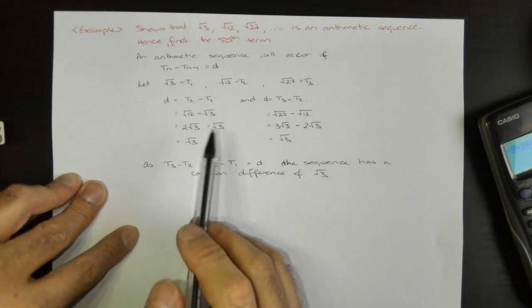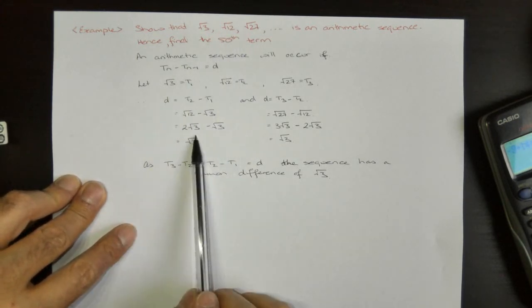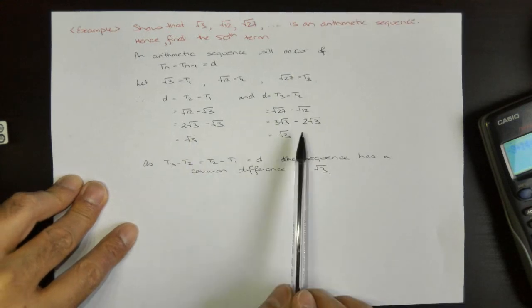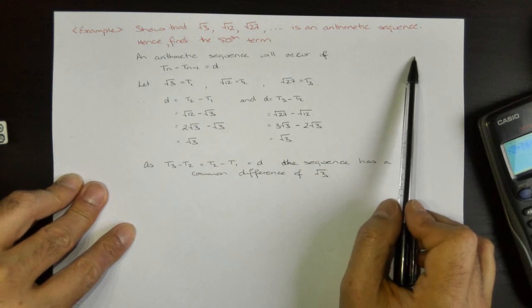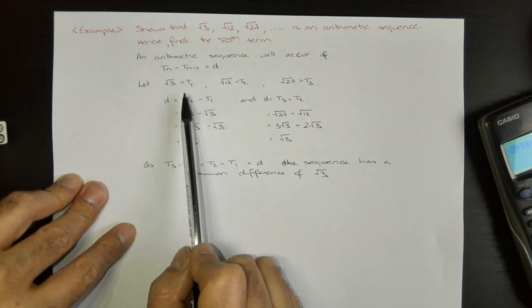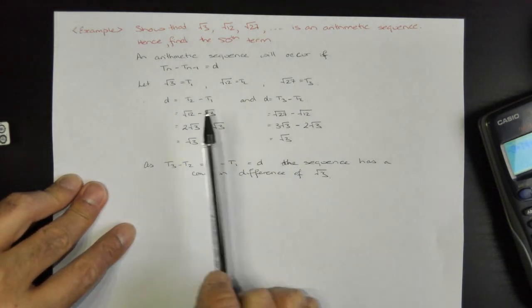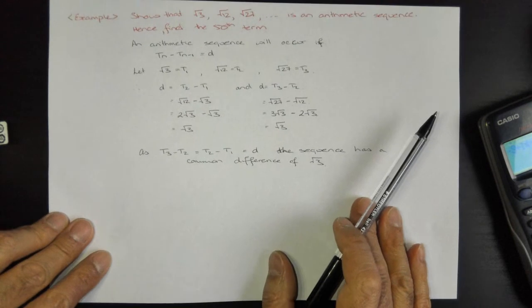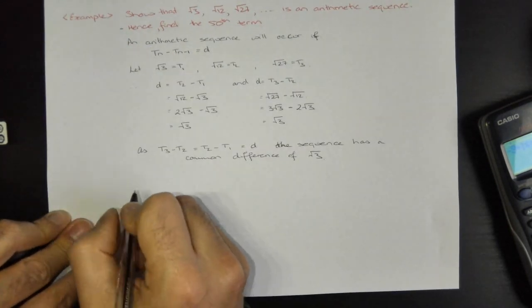It's important that you show this part as well as this part. You can't just find the common difference of one pair of terms and expect that to be the same for everything. For a show that question, you must show that it works more than once.